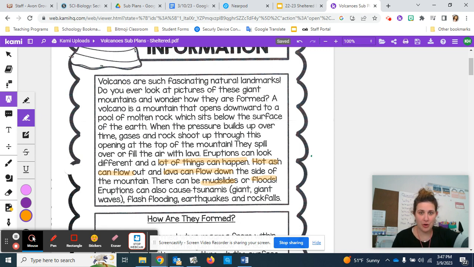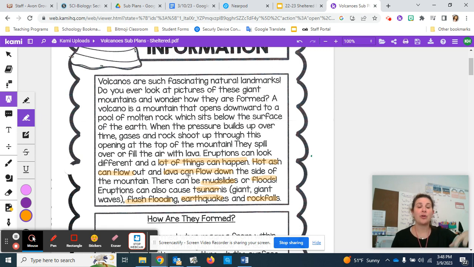Eruptions can also cause tsunamis, flash flooding, earthquakes, and rock falls. So, everything I highlighted are the other things that can happen when a volcano explodes.